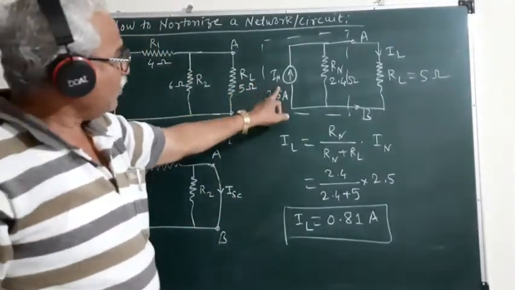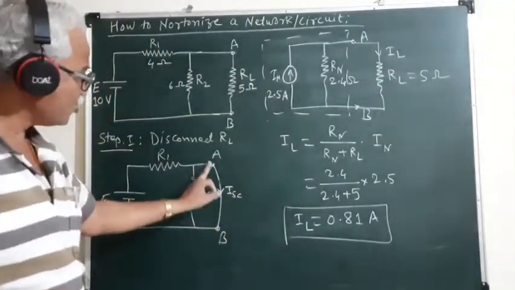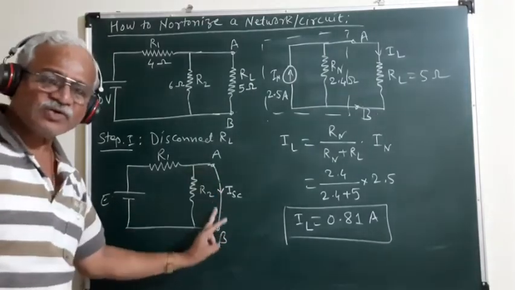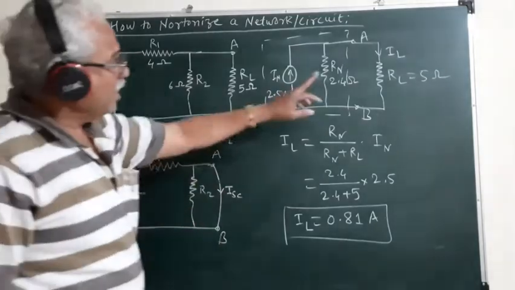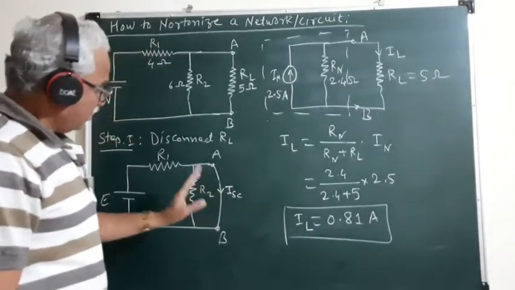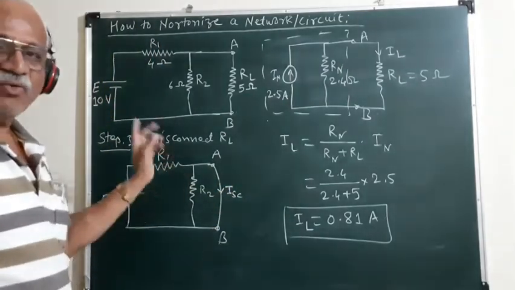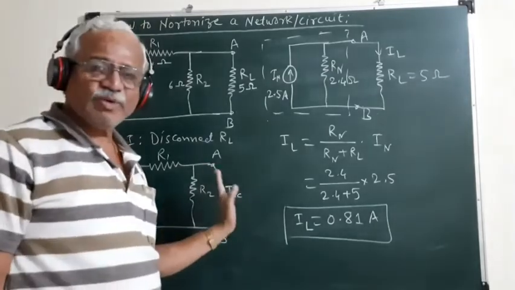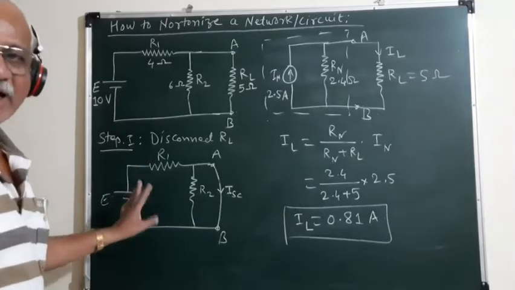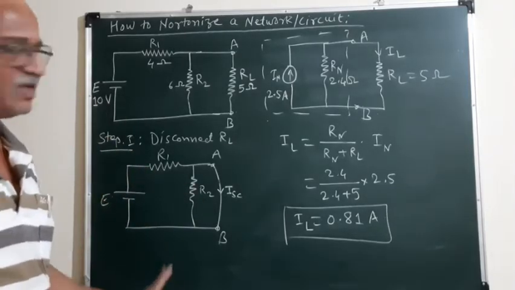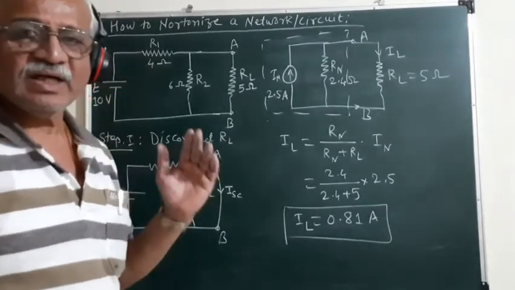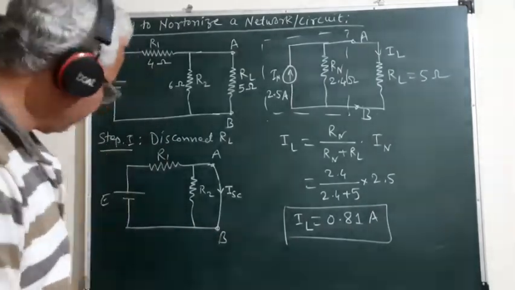The value of IN is the short circuit current that will flow through a short circuit put across the terminals A and B, and the value of RN, the equivalent resistance, is the resistance of the given network when viewed backwards from the open terminals A and B, when the sources of EMFs have been replaced by their internal resistances. So that is about Norton's theorem and how to Nortonize a given network or circuit. Okay, thank you.